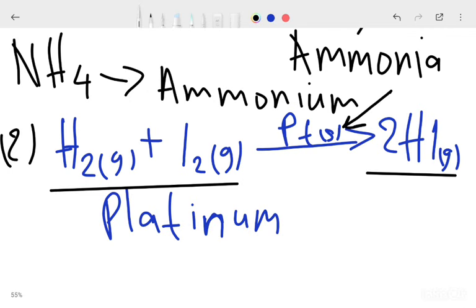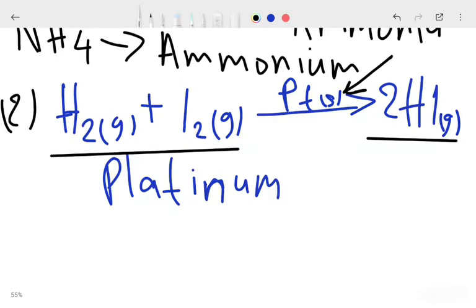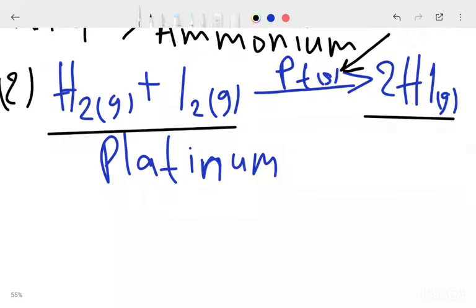What you need to know is, as far as one of them, either the reactant, the catalyst, or the product, is in a different phase, if they are not in the same phase, that reaction is what? Heterogeneous. Are you getting it?